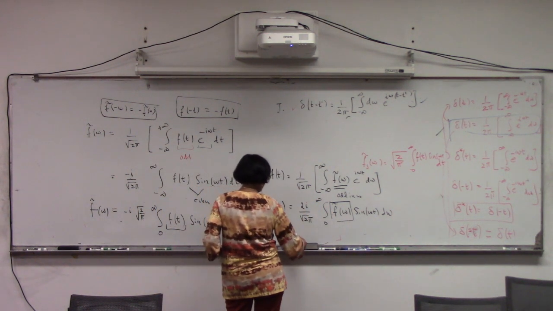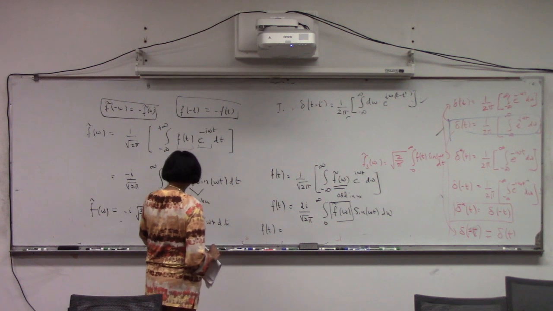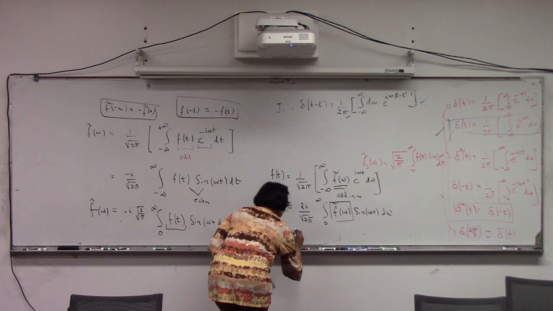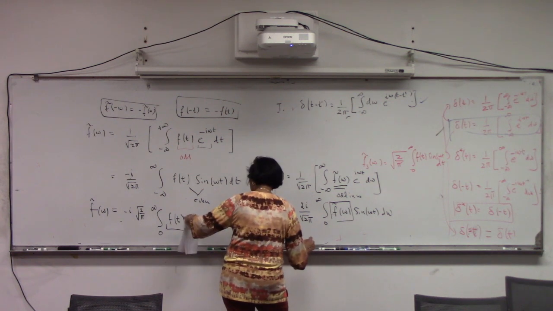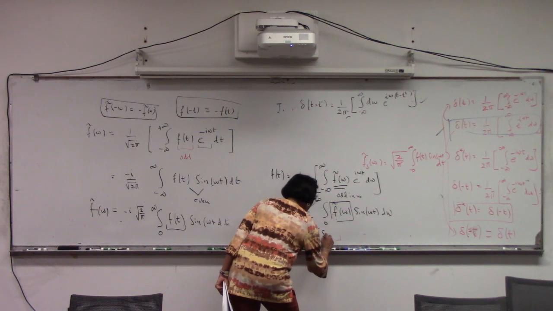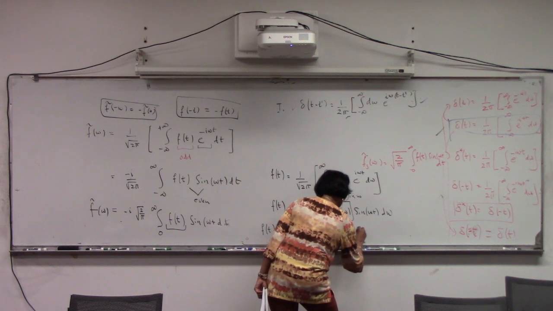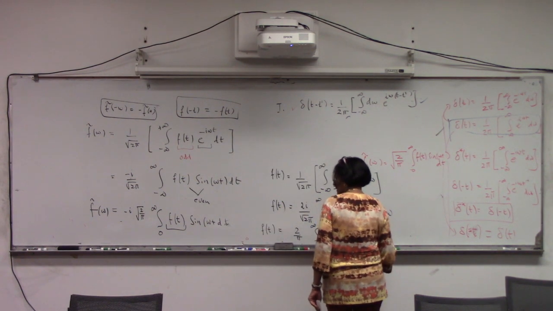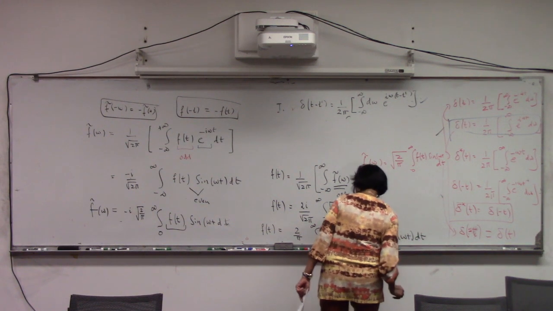So I get an expression for f of t, which is nothing but minus 1 times 2 over pi, and I substitute for this from there: 0 to infinity of sine omega t d omega, and then 0 to infinity of this guy for f tilde omega, which is f of t sine of omega t dt.